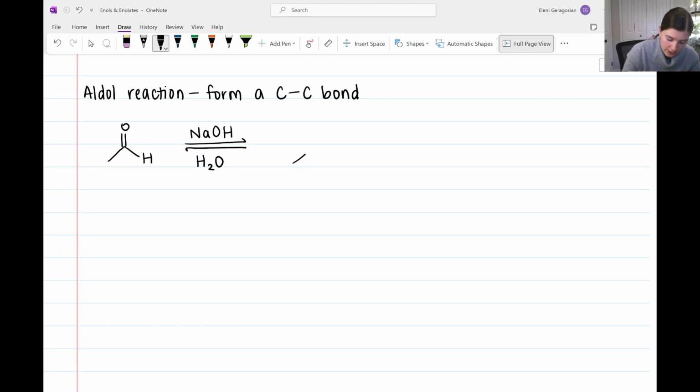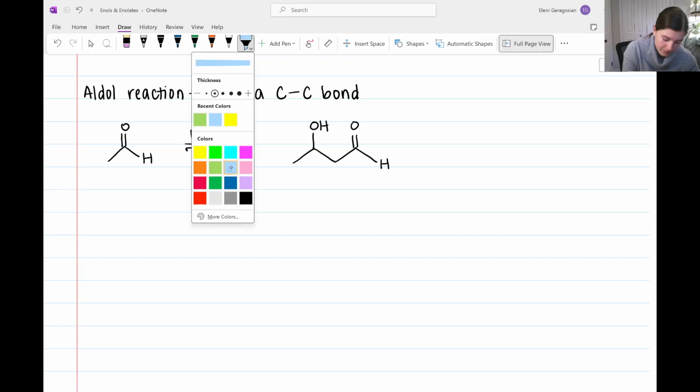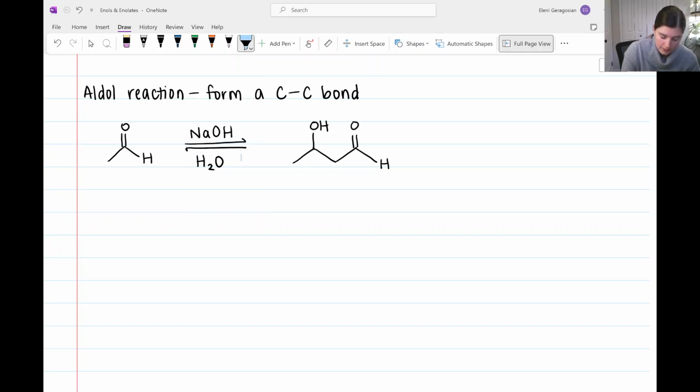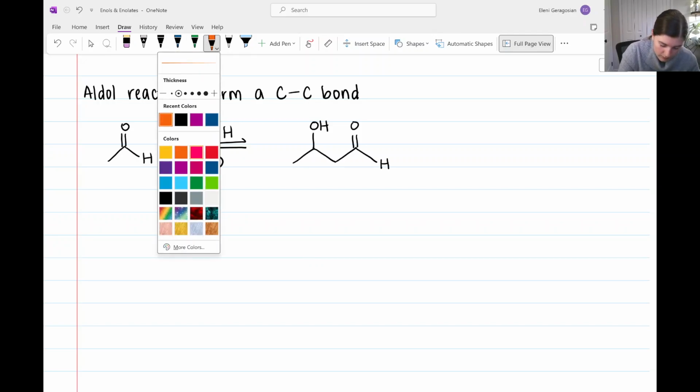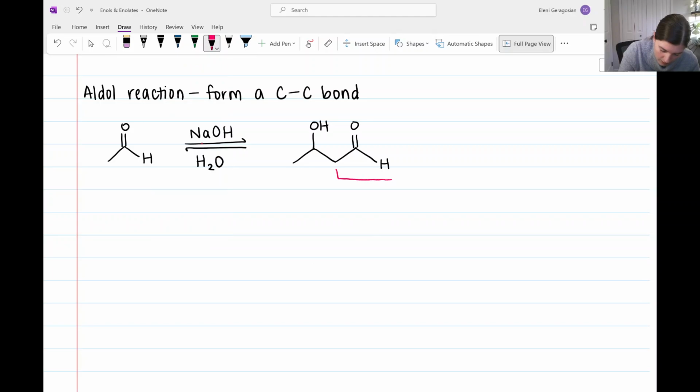The product of this reaction contains an alcohol group. We still have one carbonyl, and we have a new carbon-to-carbon bond. So let's do some highlighting. So this part of the molecule has an aldehyde functional group.